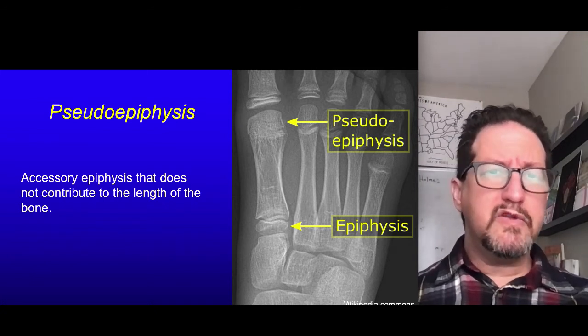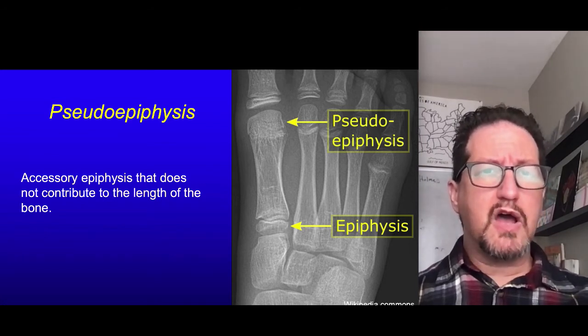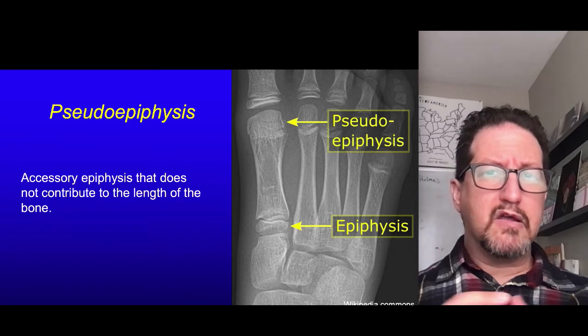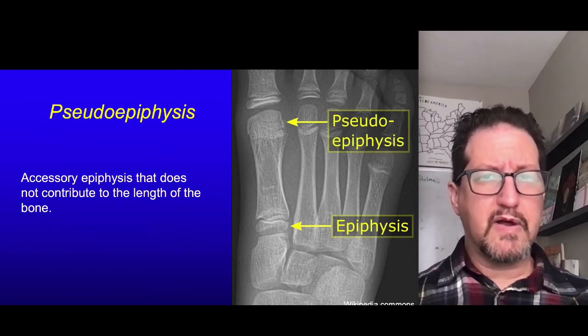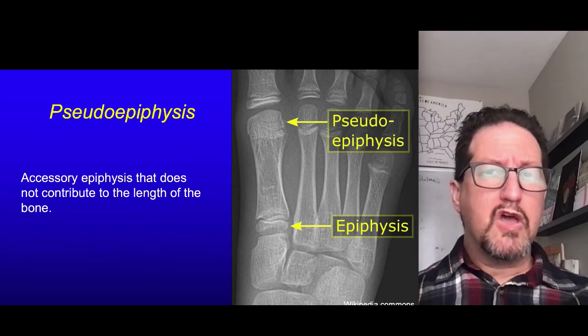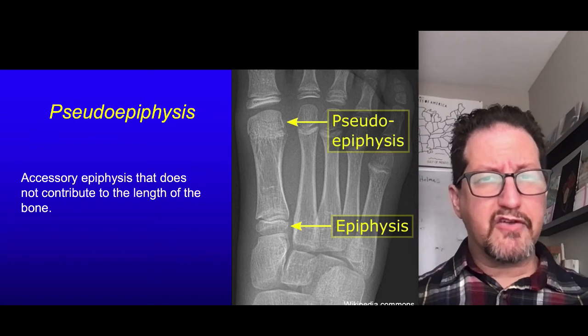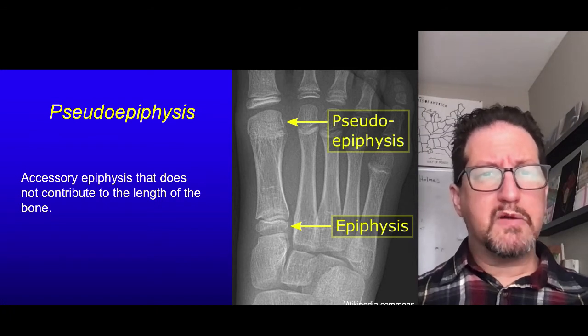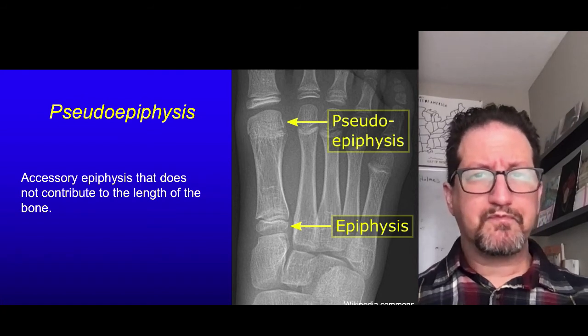Now, why do you need to know this? Because if you saw a child with a pseudoepiphysis, and this starts to ossify at around 10 years old, you might incorrectly think that this is a fracture. So you don't want to misinterpret the pseudoepiphysis for a fracture.